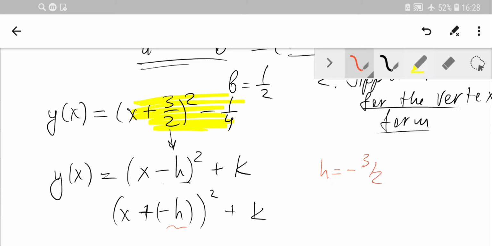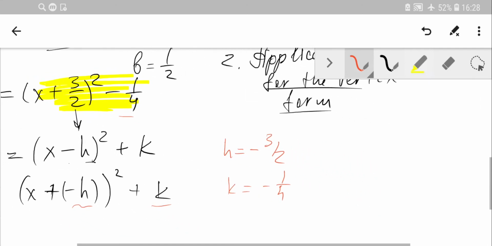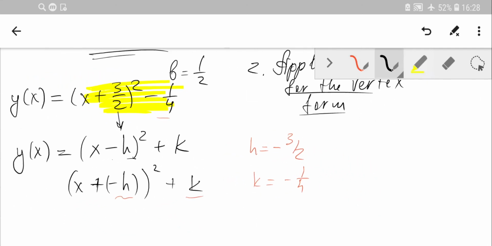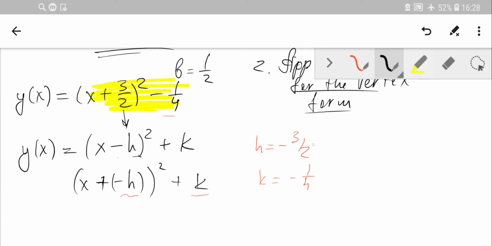And this is the x coordinate of the vertex. And k is negative 1 over 4. So you can put negative 1 over 4 into k. And that will automatically give you the coordinates of the vertex. So vertex will have negative 3 over 2 and negative 1 over 4 as the coordinates.